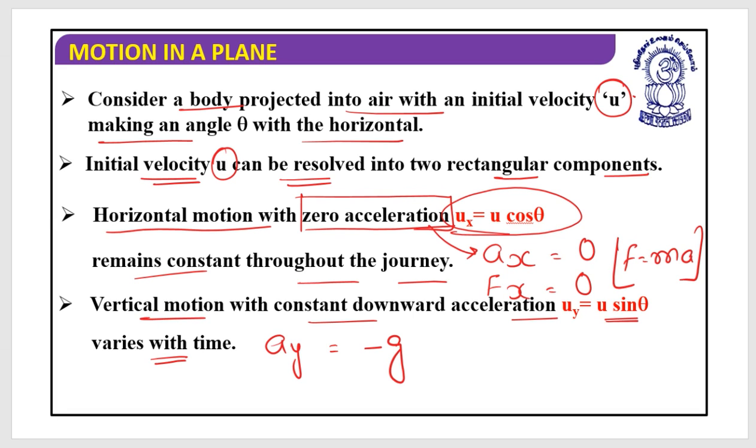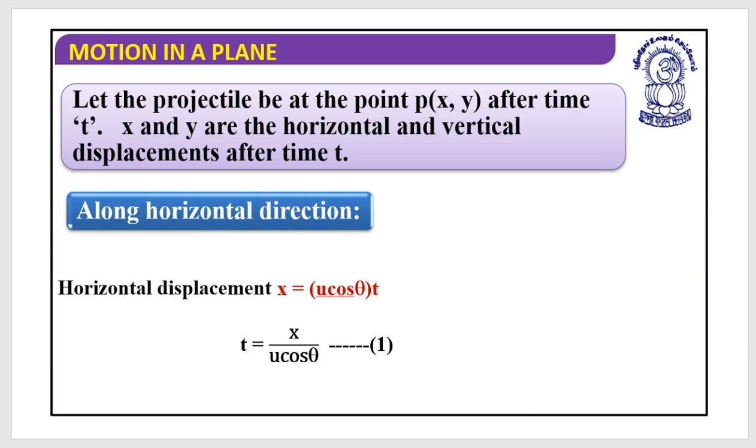Vertical motion must have an acceleration, and that acceleration is the effect of gravity only. If I consider the upward direction as positive, then the downward direction is by default negative. So I have written here ay equals minus g. How will it change? Let's look at that.